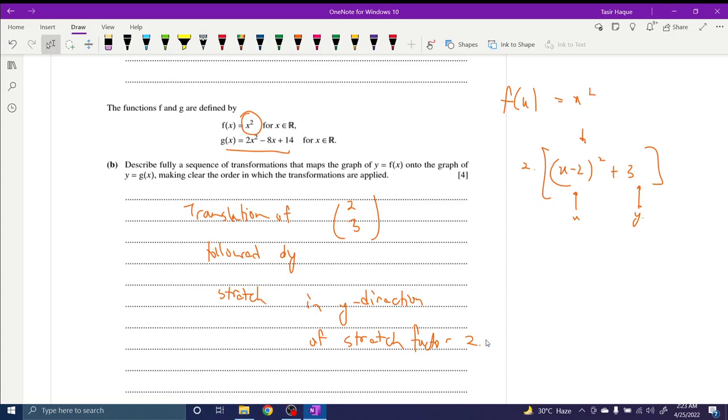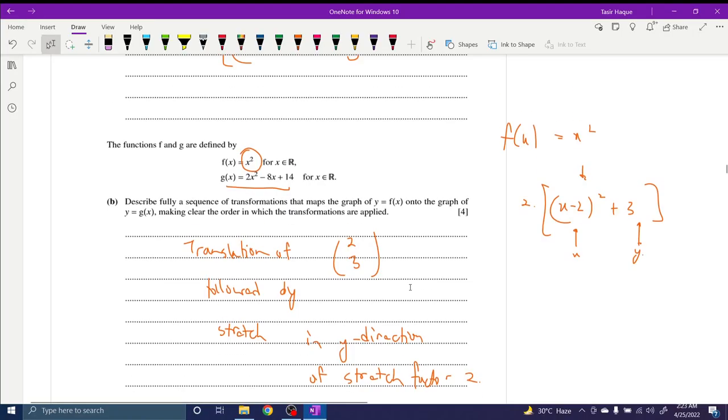It does in a sense, I'll tell you. Like here, if you apply the translation first, then the stretch, then it's fine. Then it's going to be like this. However, if you apply the stretch first, it's going to differ in a sense.